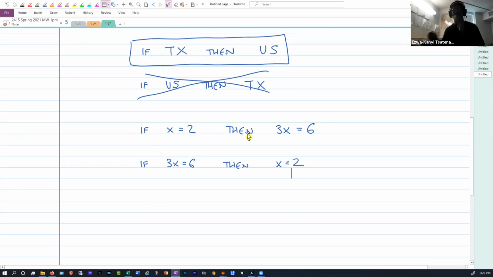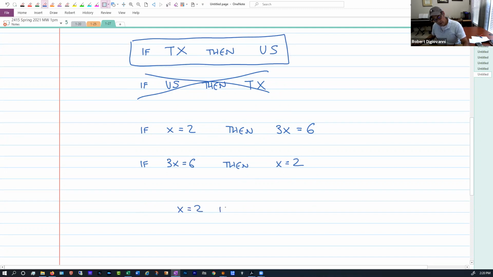Since it works in both directions, here's what I can say. x equals 2 if and only if 3x equals 6. So when you write "if and only if" between two statements, it means it works both ways. It means if x is 2, then that's true, but it also means that if this is true, that's true. And not everything in math works that way.